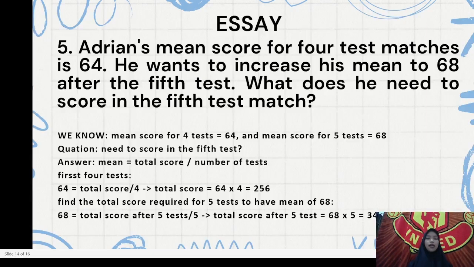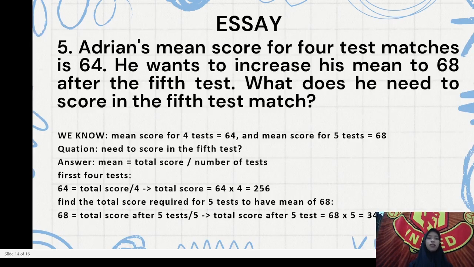Answer: mean is total score divided by the number of tests. First, for four tests, 64 is the total score divided by 4, so the total score is 64 times 4, which is 256.